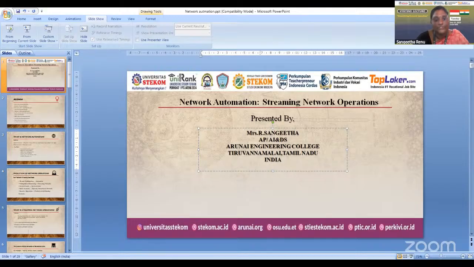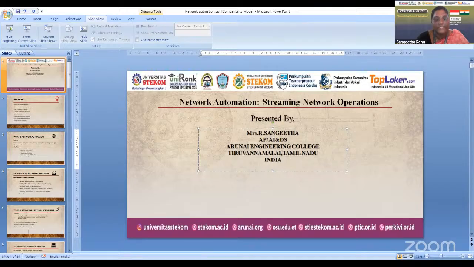Next, closed-loop feedback supports self-correction. Real-time telemetry enables automatic adjustments like rerouting during congestion. The network can detect and remediate issues on its own, a self-healing process.